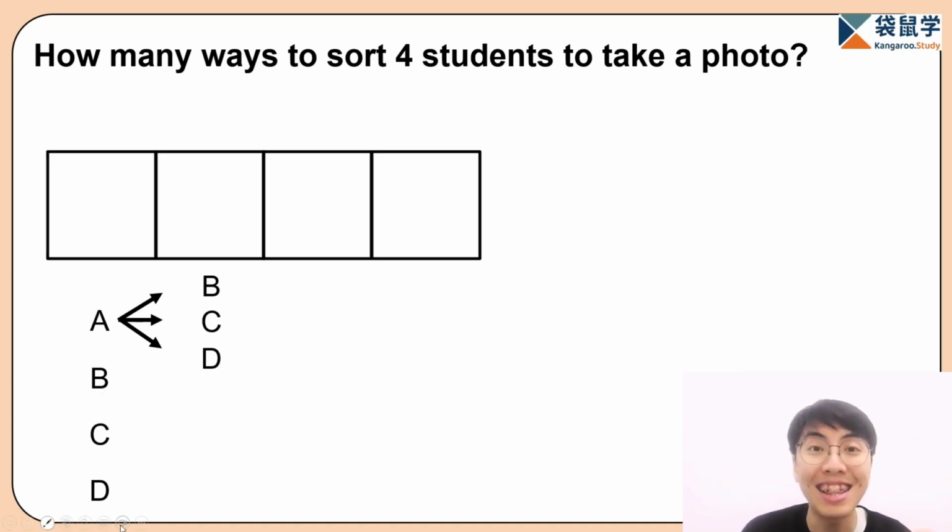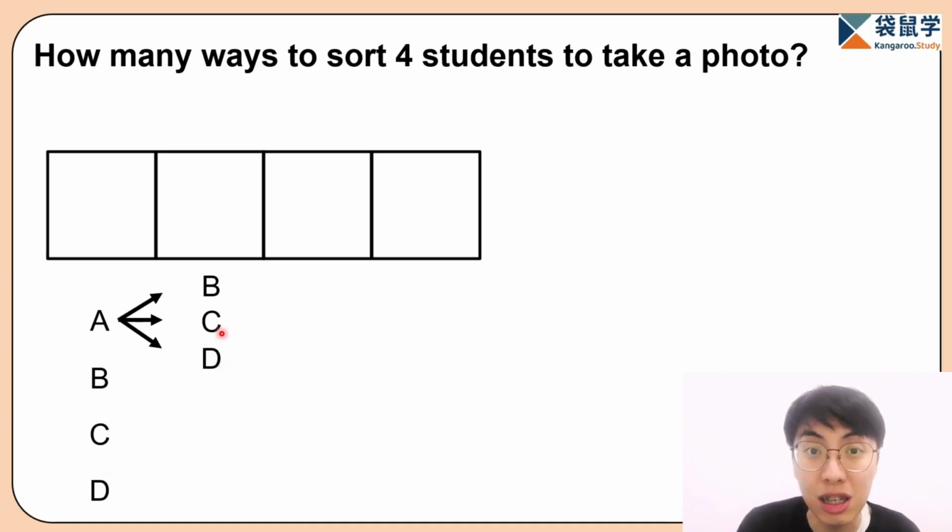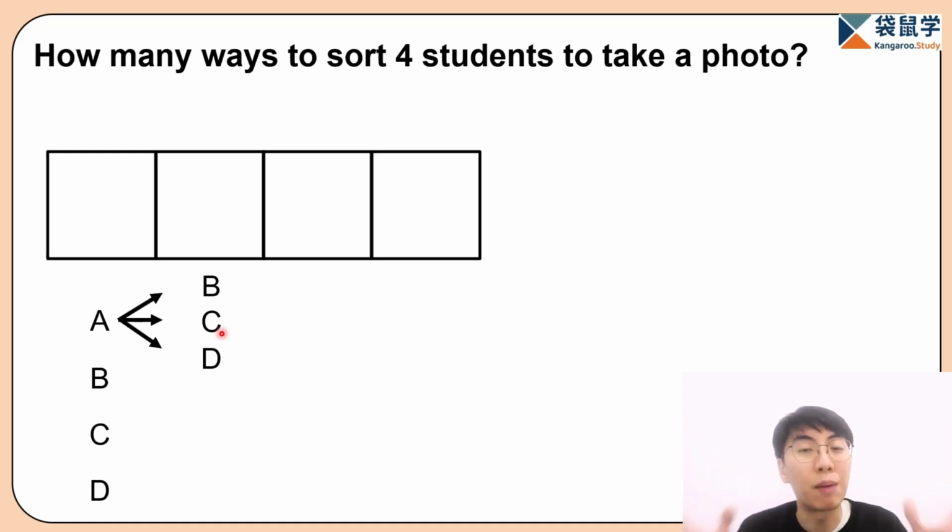Similarly for C and D, I think all of us are able to see that there will be 3 each. And hence, in total, this should have 4 ways times each of it 3 ways, for a total of 12 ways. So we can just multiply the number of ways of each to get the total number of ways.